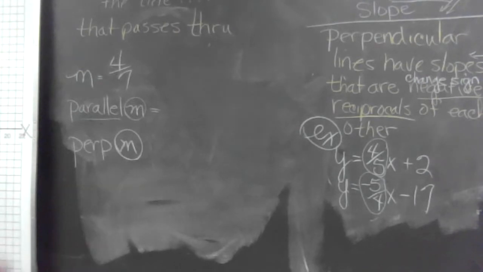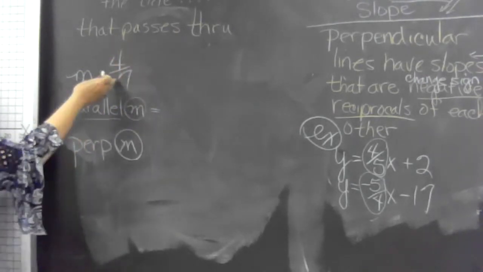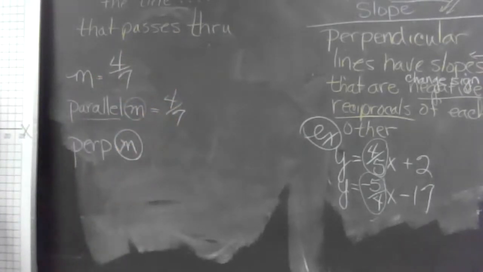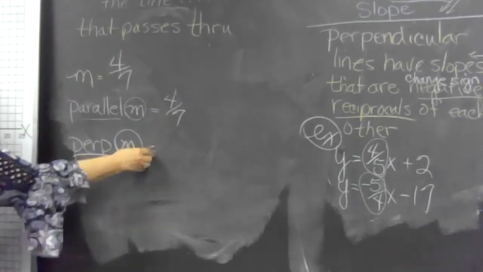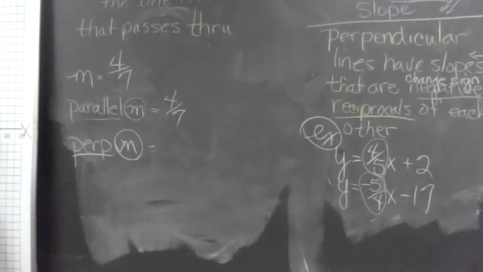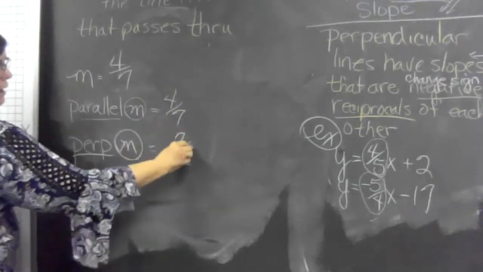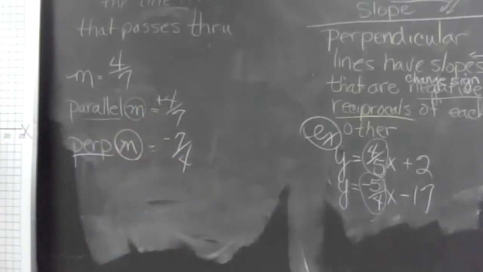So it's 4/7, still the same. But what is the perpendicular slope? 7/4. And this was a positive, so I have to change the sign. Negative.